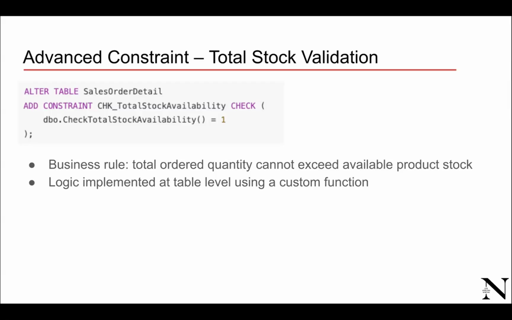In our table, you can see the check total stock availability function performs a subquery to compare the sum of all ordered quantities with the product stock level. If any product is oversold, the constraint fails and the transaction will be blocked. This is a great example of how SQL Server logic can be used to simulate real-world inventory control.